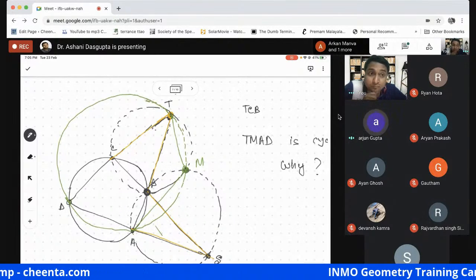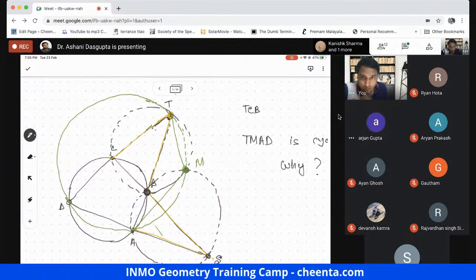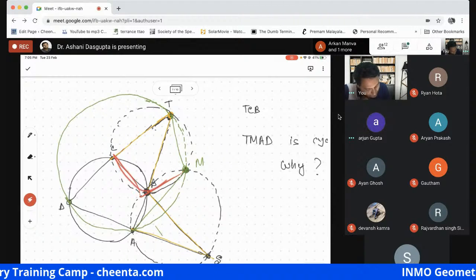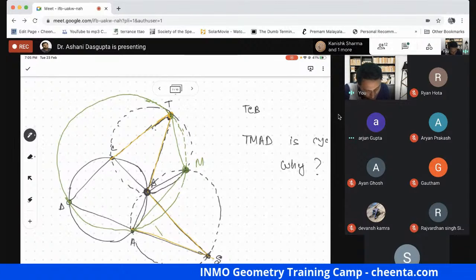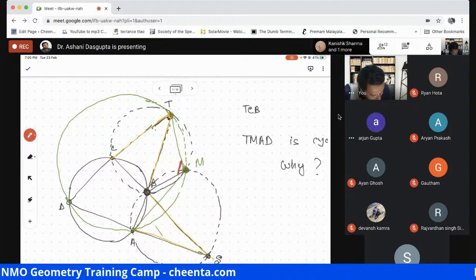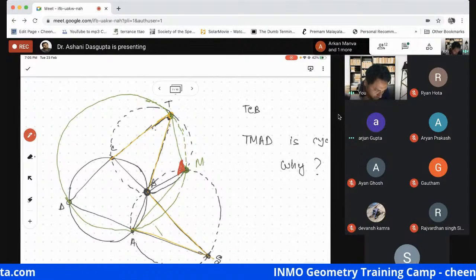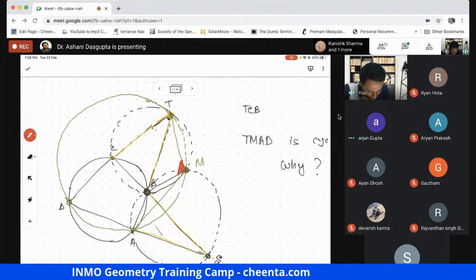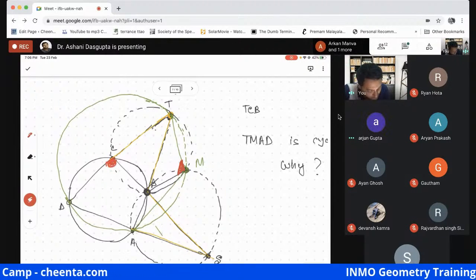Since points T, C, B, M lie on a circle, that quadrilateral is cyclic, so angle TMB, this angle right here, is equal to angle SCD, because the exterior angle of a cyclic quadrilateral is equal to the interior opposite angle.